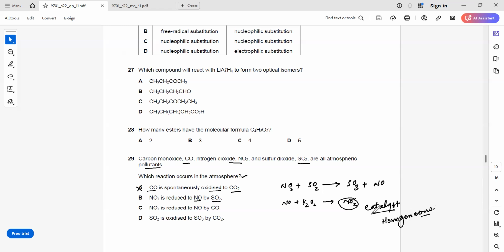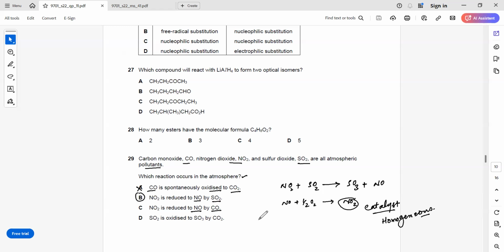Homogeneous catalysis means the reactants and the catalyst are in the same physical state. So yes, we can say that B is correct. Next, they are saying NO2 is reduced to NO by carbon monoxide.